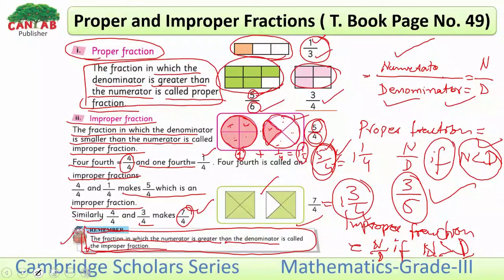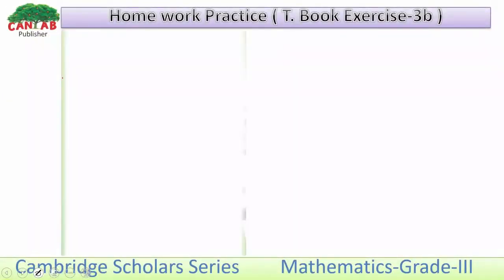If n for numerator is greater than denominator, this is for improper. For proper, the numerator is less than denominator. Remember these things.